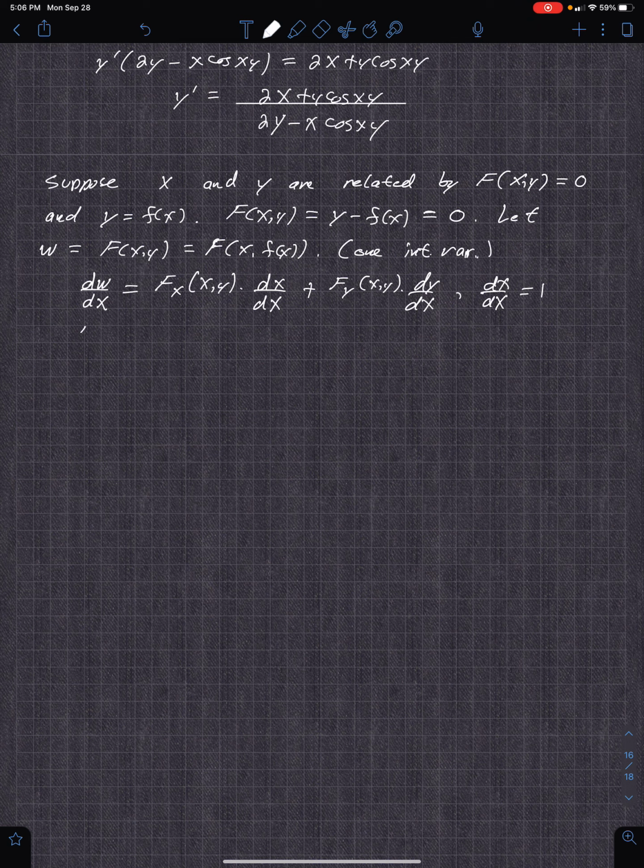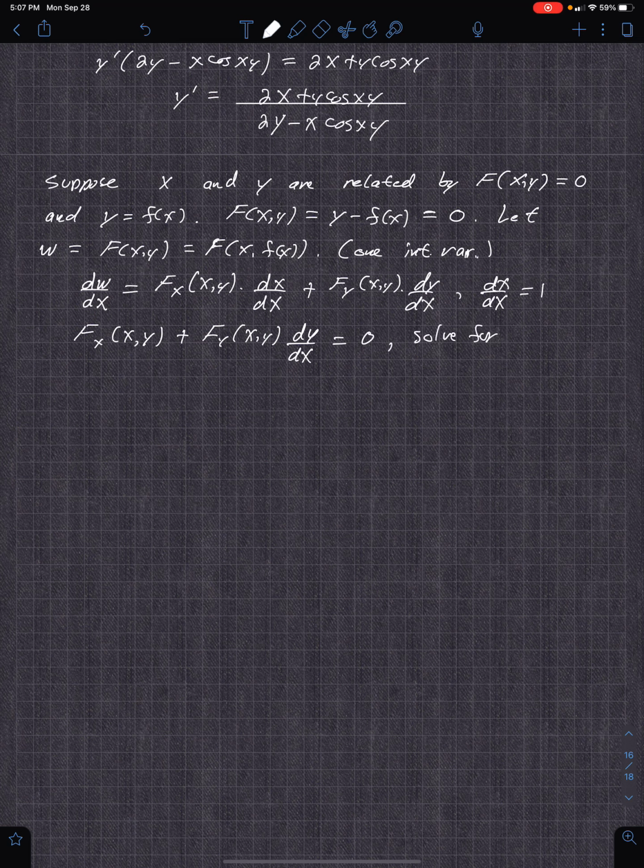Okay, we know dx dx is just 1. So you get partial F_x of x, y plus, oh, we are assuming that this whole thing equals 0. So partial F_x of x, y plus partial F_y of x, y times dy dx is equal to 0.